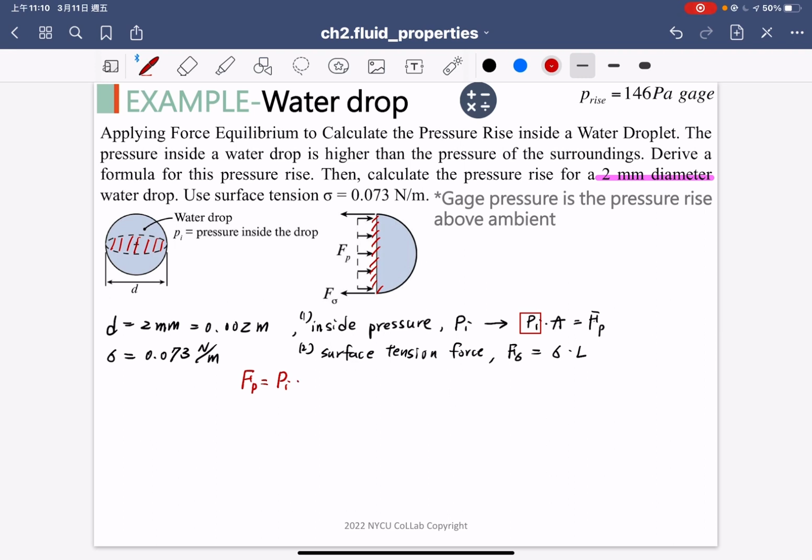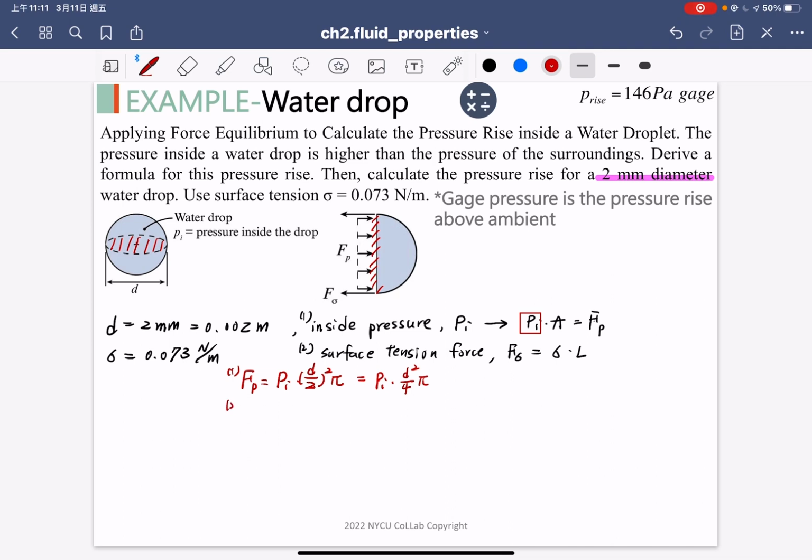Since we already know the diameter is D, so pi times half the diameter squared is our acting area. So we just reorganize the equation: PI and D squared pi over 4. So this is our FP, and this is for the first purpose.